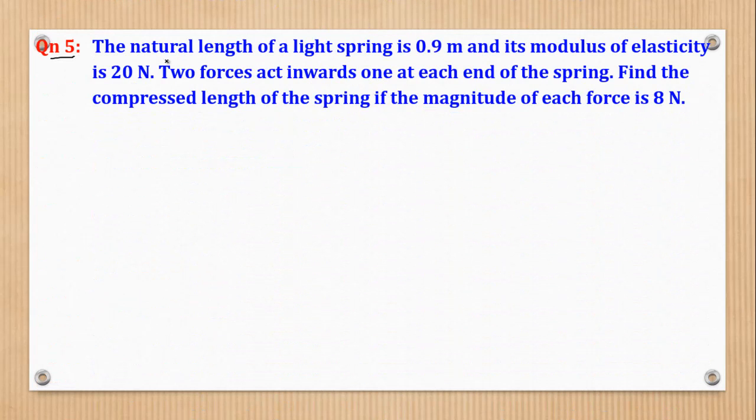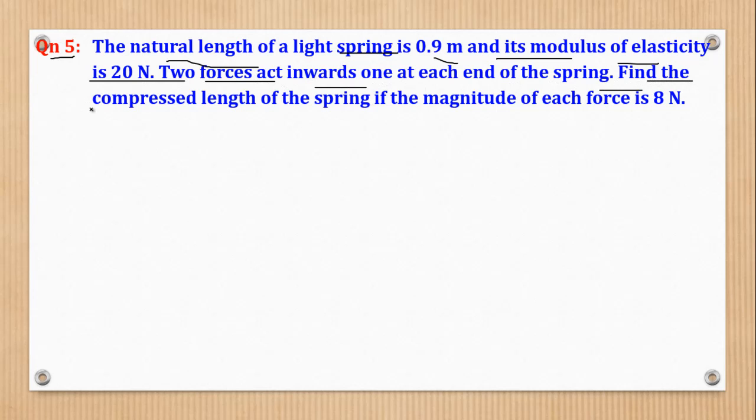Question 5. The natural length of a light spring is 0.9 meters, and its modulus of elasticity is 20 newtons. Two forces act inwards, one at each end of the spring.